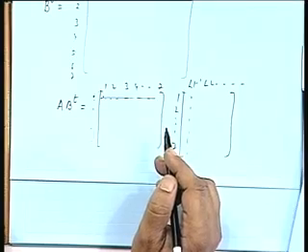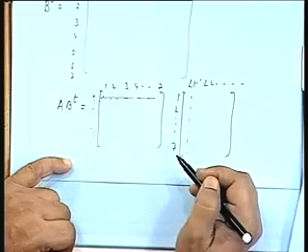Can you tell me why? No, but why should that be 0? Because plus minus will deal with plus minus. Let us see. These are the nodes.